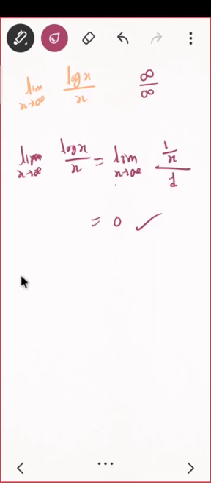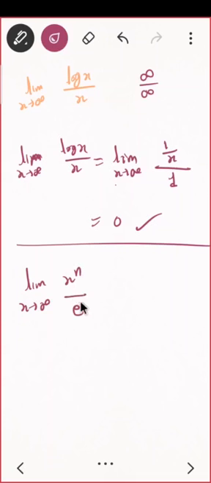Okay. One more question. Limit, say as x extends to infinity, of x raised to n upon e raised to x. What do you think about this? First of all, is this of the form infinity by infinity?